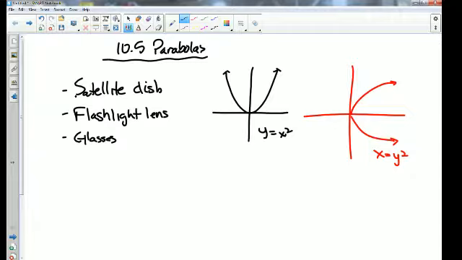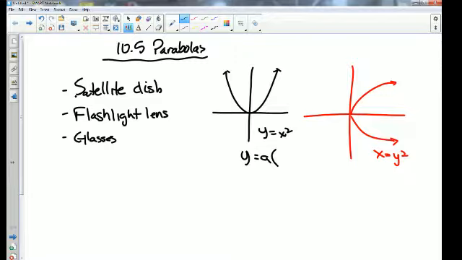Do you remember how the parent function was written for a parabola? X squared. What was out front? Do we have a letter out front there, to make it skinnier or wider?